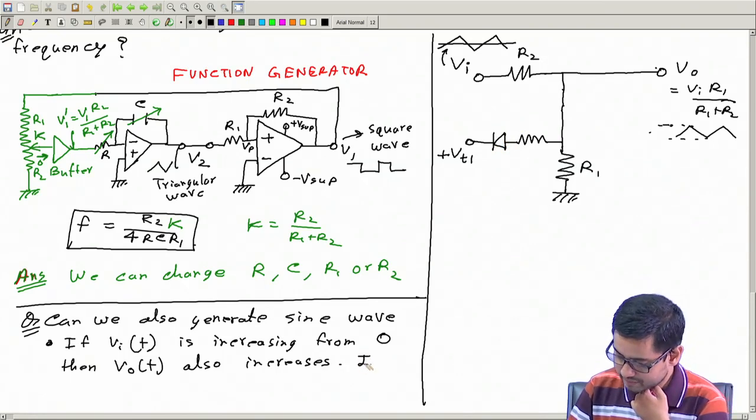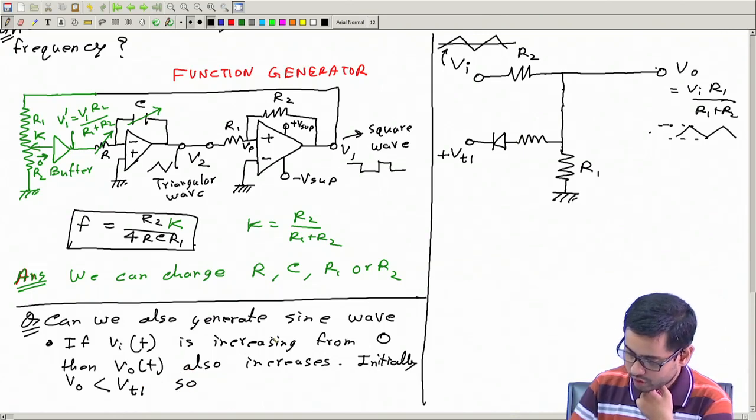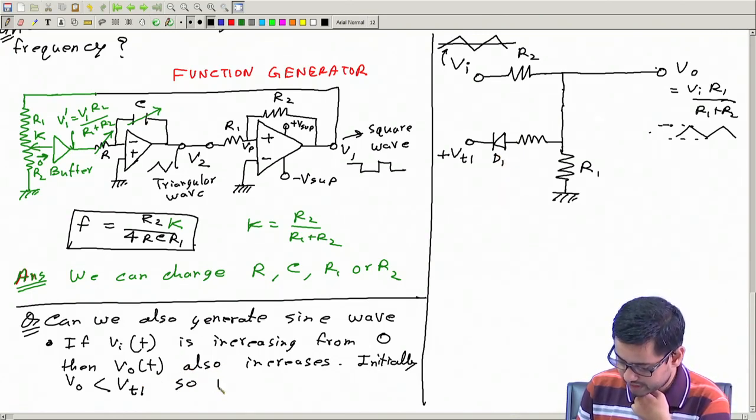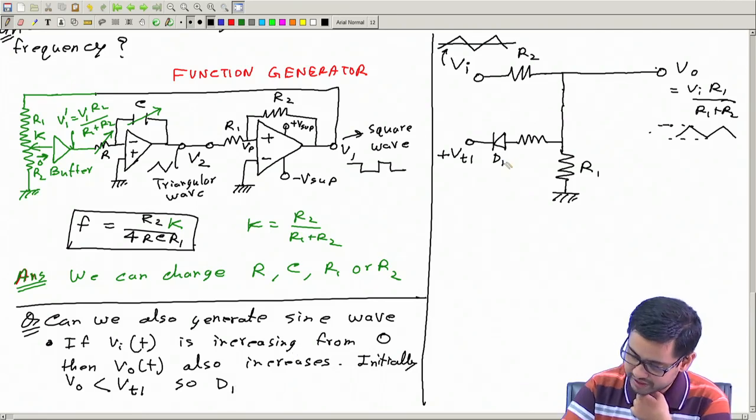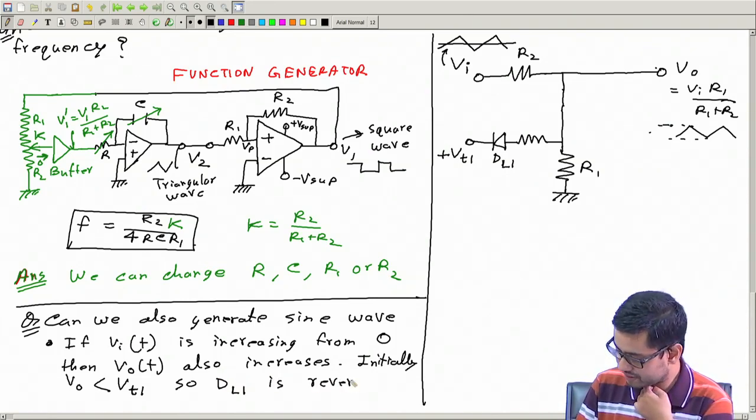So initially Vo is less than VT1. So call this D1. Okay. So D1 or call this DL1. So DL1 is reverse biased.